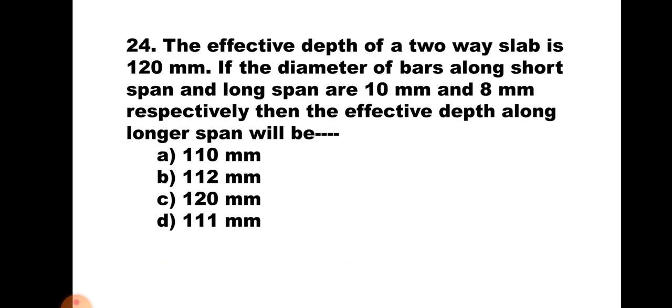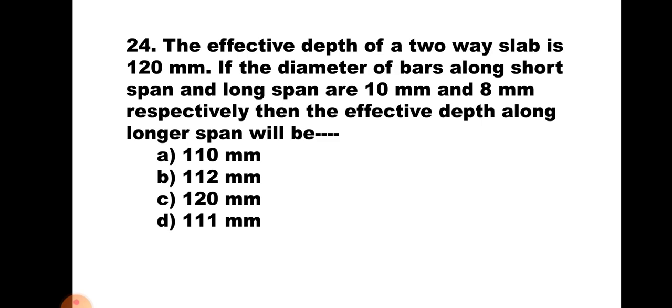Question number 24. The effective depth of a two-way slab is 120 mm. If the diameter of the bar along short span and long span are 10 mm and 8 mm respectively, then the effective depth along longer span will be A 110 mm, B 112 mm, C 120 mm, and D 111 mm. Now we know that for a two-way slab, whenever we take the section along shorter span and along longer span, the depths will be different because longer span steel is provided over a shorter span.